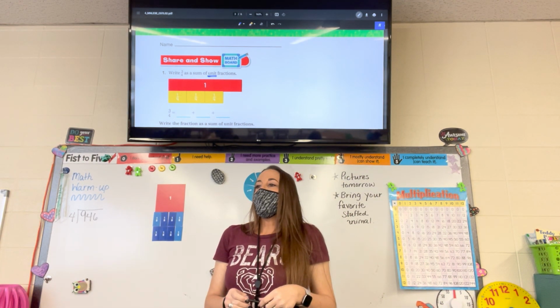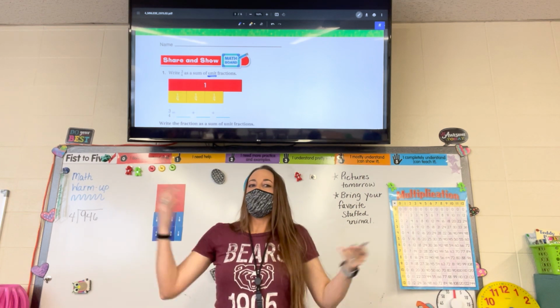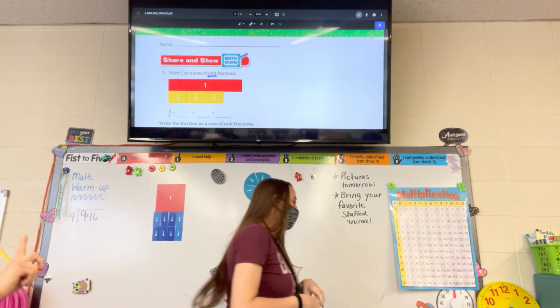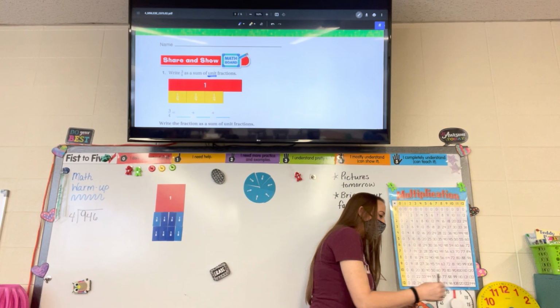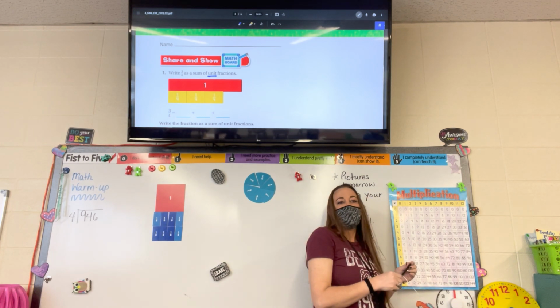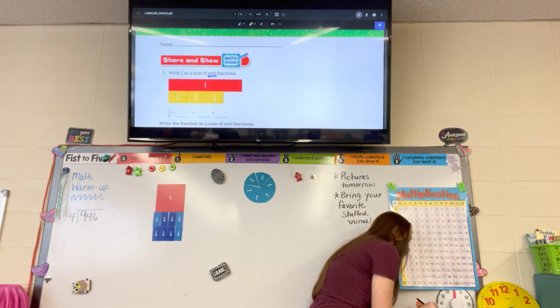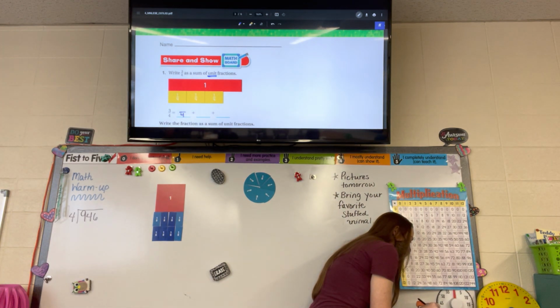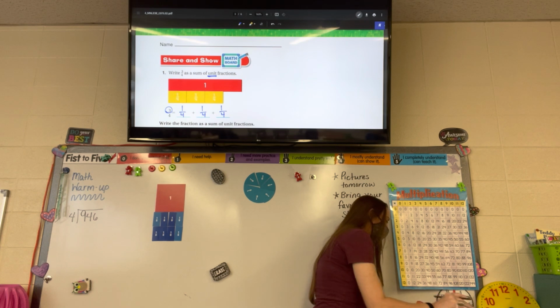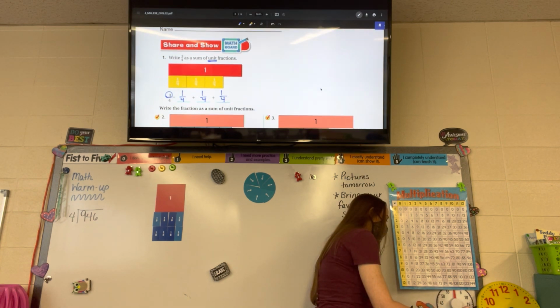What are all these fractions going to have on top? 1. What's our denominator going to be? 4. So we put a 4 on the bottom, and 1 on top: 1/4, 1/4, and 1/4. Does that add up to 3? Yes. Okay, so we're good.